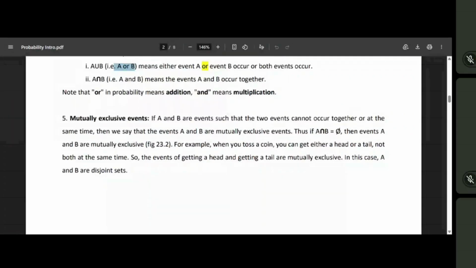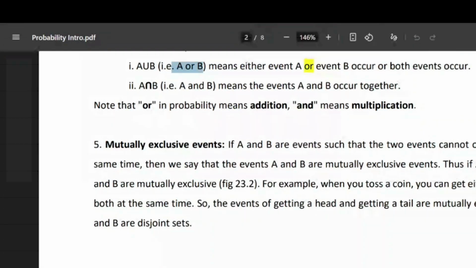Mutually exclusive. If two events cannot occur together, we say they are mutually exclusive. There is no way you toss a Ludo die and you see 3 surfacing and you also see 6 surfacing. You always see them one after the other.